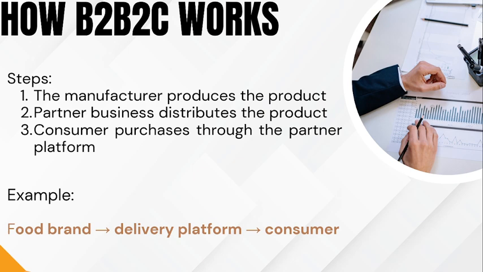And the third is the consumer purchases the product through the partner's platform or distribution system. This collaboration allows each company to focus on its strength while benefiting from the shared resources.